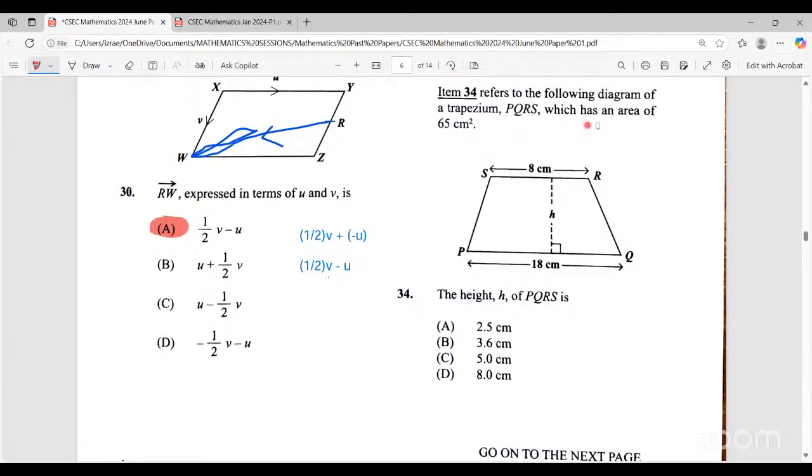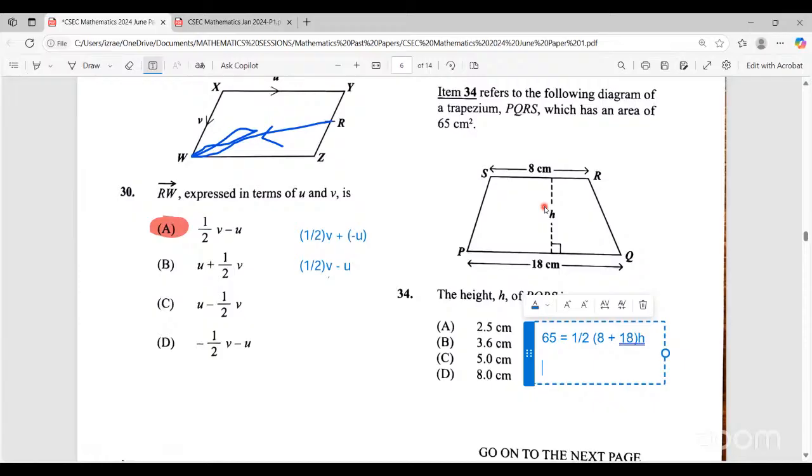34. Diagram, trapezium PQRS. We could see it has an area of 65 cm squared. Height is? So we need to do some manipulation here. All right, so area is 65. So 65 is equal, the formula is half into A plus B. A is 8, B is 18, by your height.